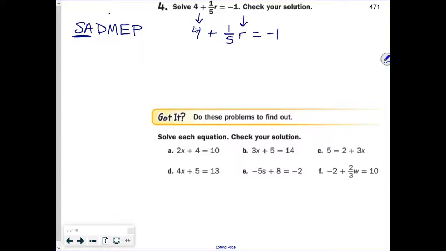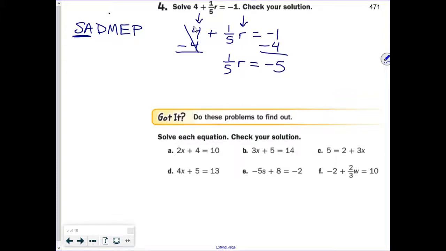The 4 is positive, so I'm going to subtract 4 from both sides. So that positive 4 and negative 4, being opposites, would cross off and equal 0, leaving me with a positive 1/5 r equals negative 1 plus negative 4, because they're both negative, gives me negative 5.